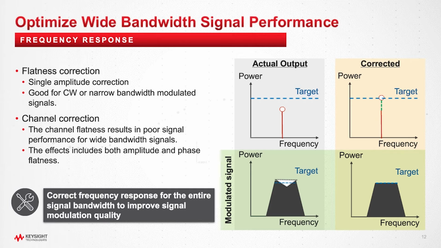When a signal is a modulated signal, the signal occupies a certain bandwidth. Only an offset value applied to the signal cannot create flatness effects for the entire signal bandwidth. The effects are not only amplitude flatness, but also phase flatness. So, how do we calculate that?